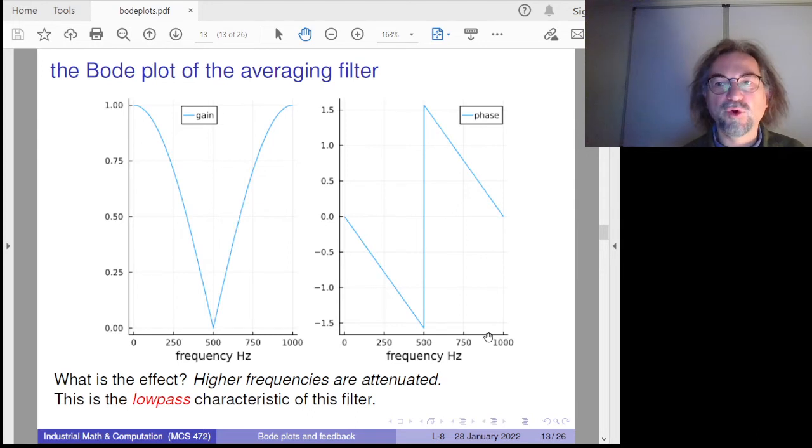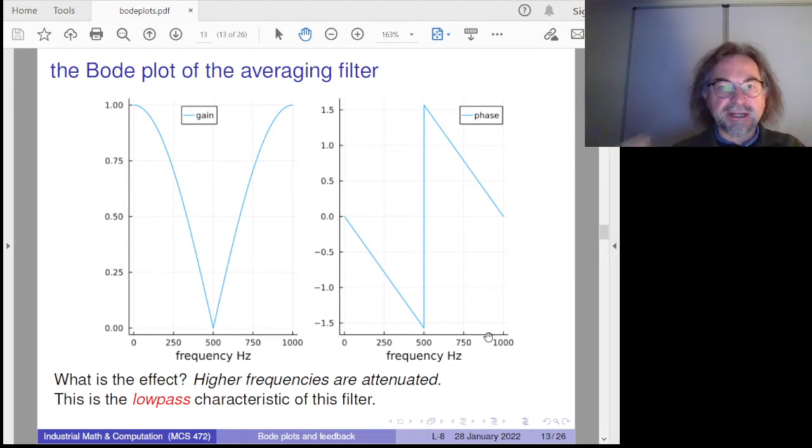You will have no signal anymore. And the 500 is half the 1000. That is a property of the sampling rate.